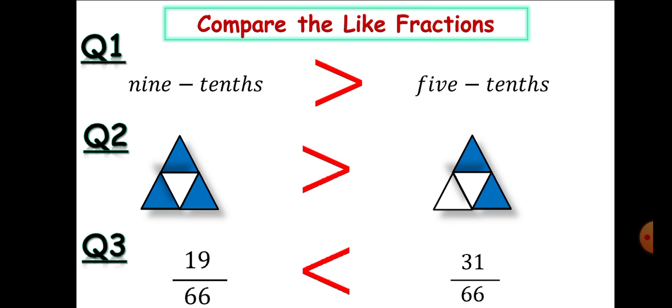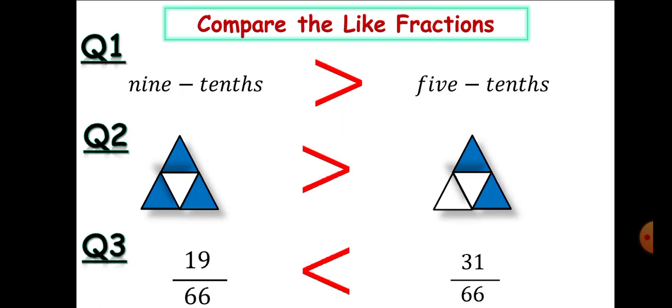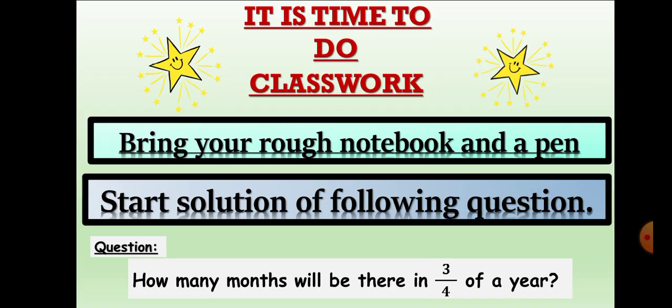As you know, 3/4 is greater than 2/4. You can tell easily by looking at the shading. Then we have 19/66 and 31/66. 31 is greater than 19, so 31/66 has the greater value.